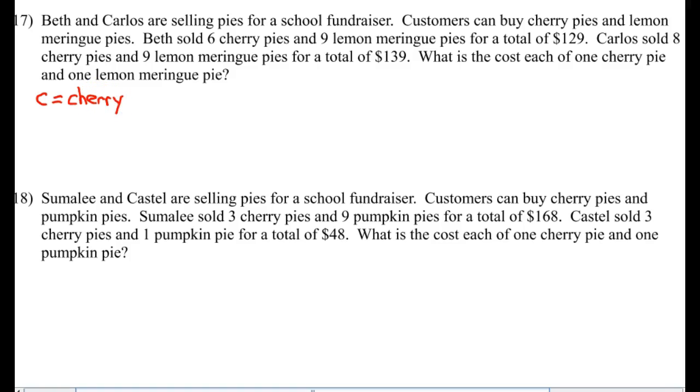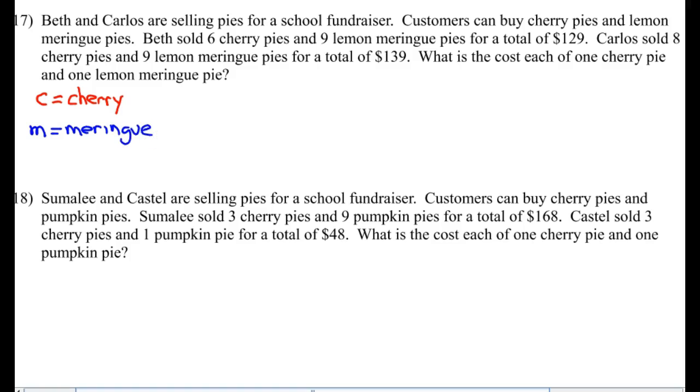And do not use L as your variable. Why not? Yeah, it looks like a 1. So don't use L ever as a variable. Let's go with M for meringue. So small but important details. You don't want to be missing algebra for non-algebra reasons.